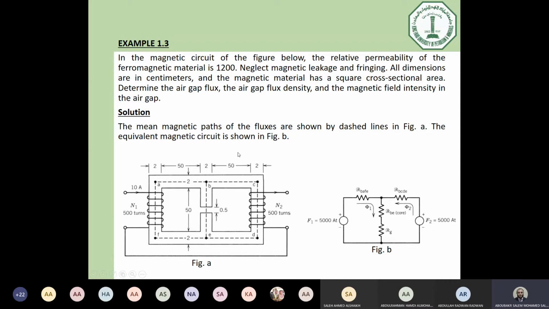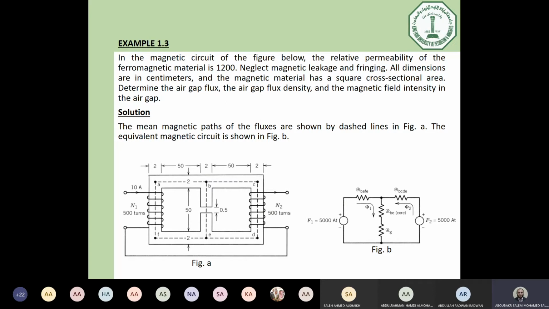So why we need to recognize these dimensions? Because you have to calculate the average length which will be used for the flux. So we need to calculate, first we need to calculate phi.